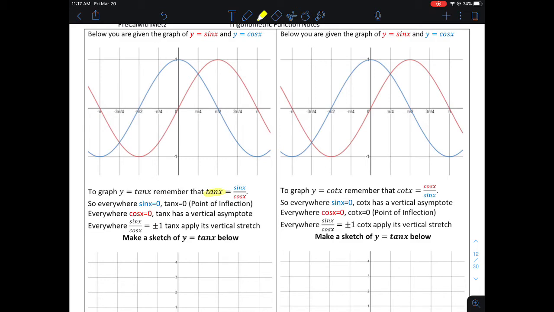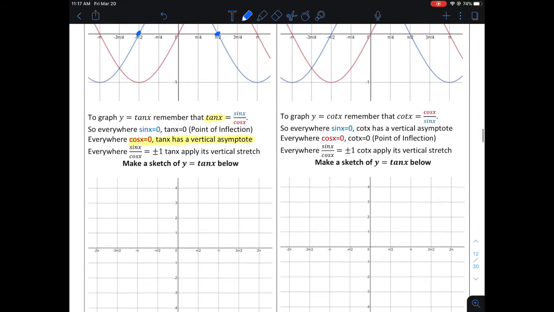Tangent is going to be undefined everywhere cosine equals 0. So everywhere cosine equals 0, tangent is going to have a vertical asymptote. Well, the cosine wave is in blue, so cosine equals 0 at negative pi over 2 and positive pi over 2.